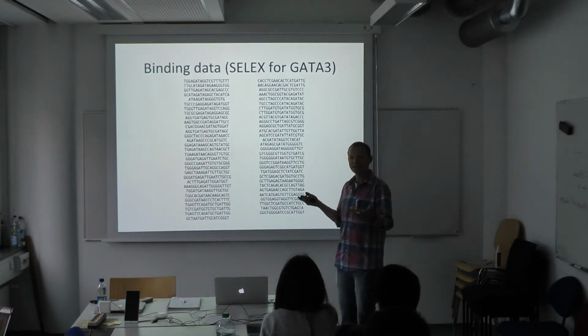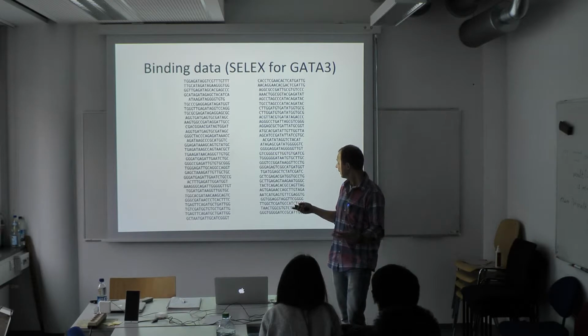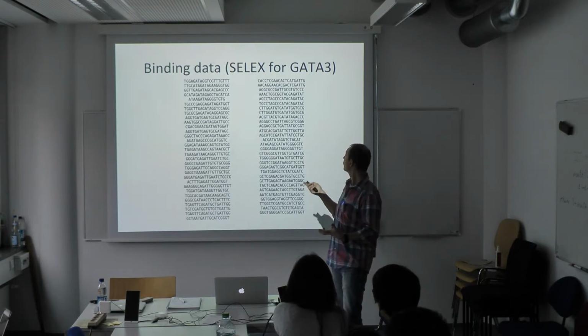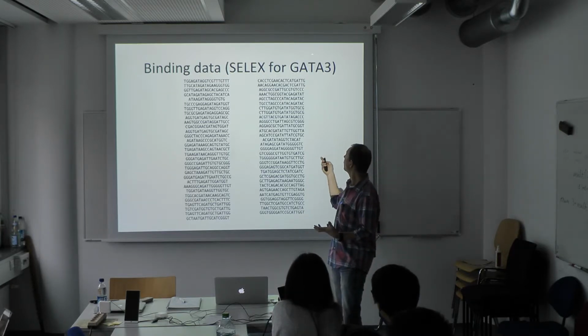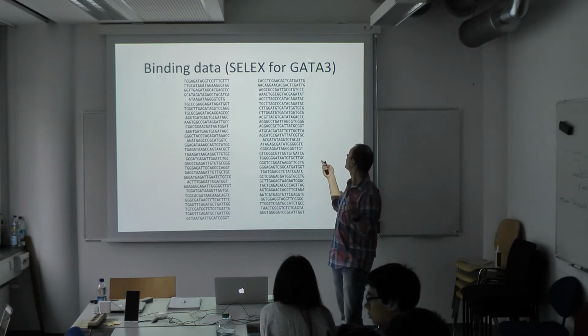And here's another example where we think in terms of finding a consensus. Here we use an experimental technique called SELEX, which allows us to look for what DNA sequences are preferred by a nominated transcription factor.